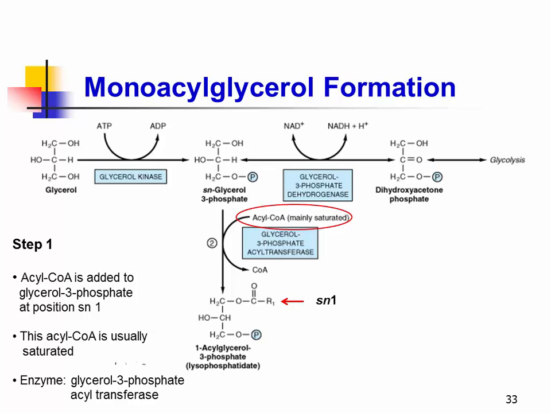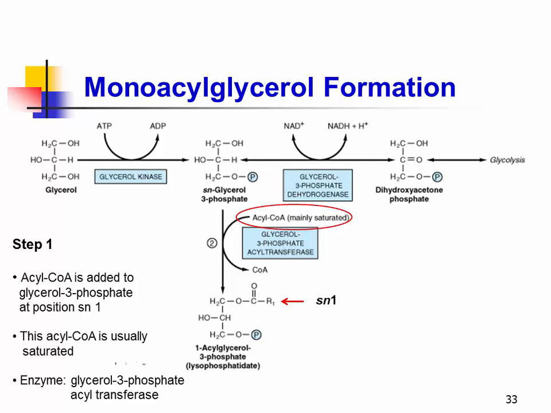So several steps, just by adding fatty acids to the glycerol backbone. I think this diagram is also good to tell you the two different sources for glycerol 3 phosphate, one from direct phosphorylation of glycerol, and the other from glycolysis, right?